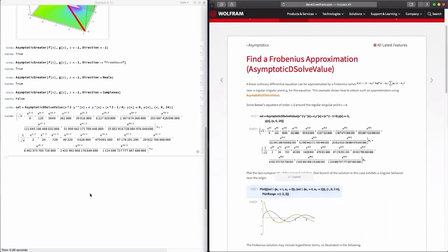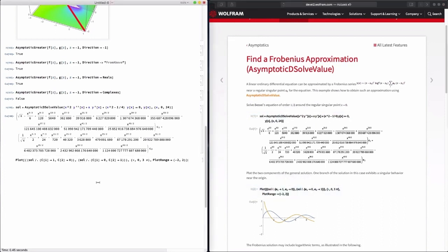Now, since it's a second order differential equation and we haven't supplied any initial conditions, we have 2 arbitrary constants.